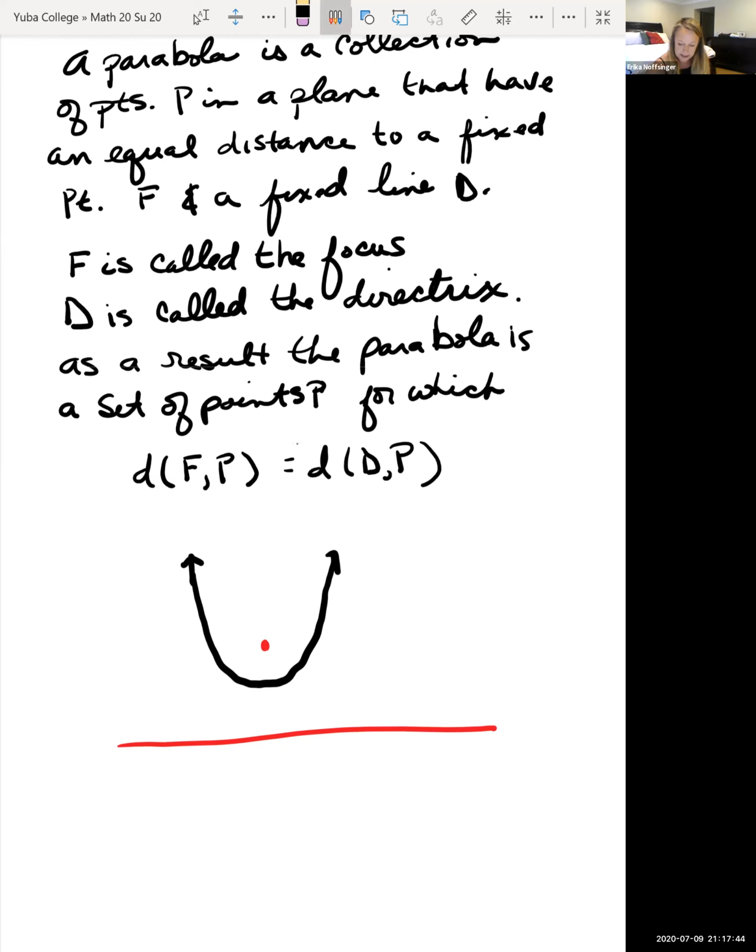So basically it's saying any point you choose on the parabola, the distance from that point on the parabola to the focus must be the same as the distance to the directrix. So maybe d sub 1 has to equal d sub 1 here.